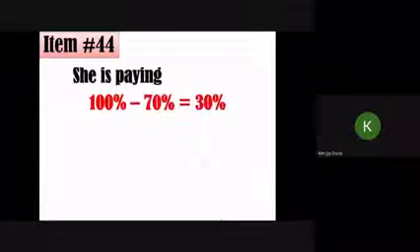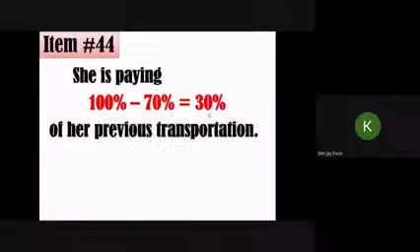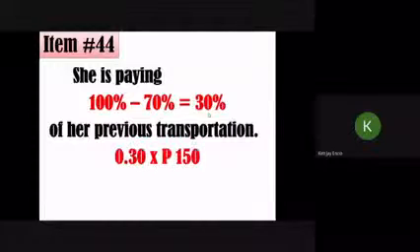If she is paying only 30%, why? Because it's reduced by 70%. So 100% minus 70% is 30% of her previous transportation. And since she's paying 30% now of 150, I express 30% as 30 hundredths.